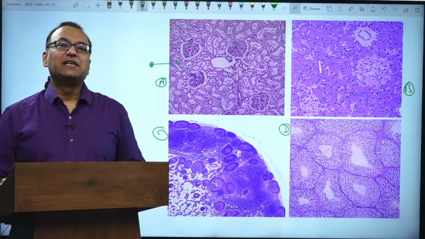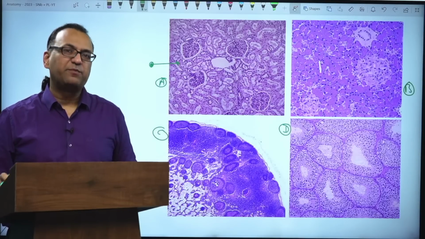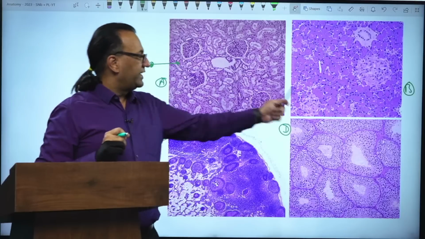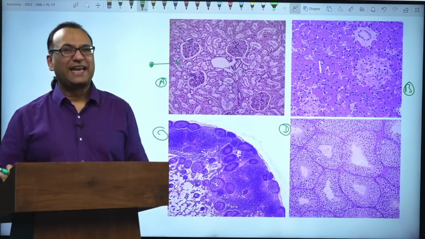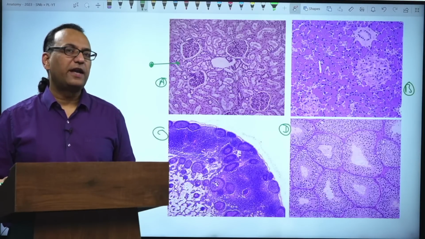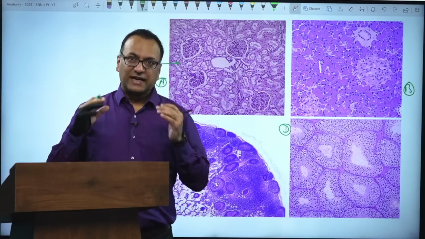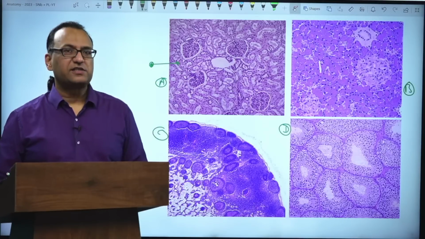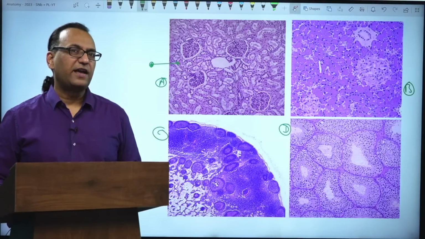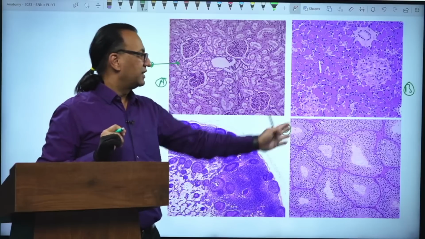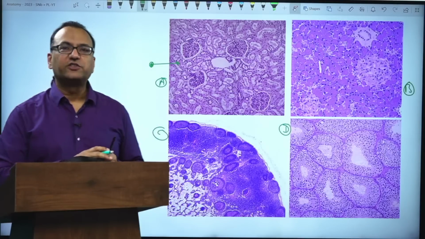Which of these is a lymphoid tissue, for example lymph node? Which of these belong to the kidney, showing renal glomeruli? Which of these is a gland, like pancreas gland with islet of Langerhans? And which of these is testis, showing seminiferous tubules?